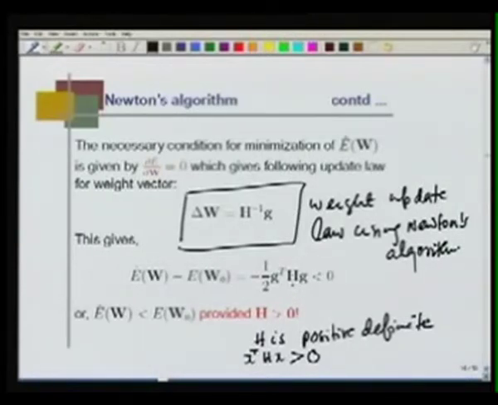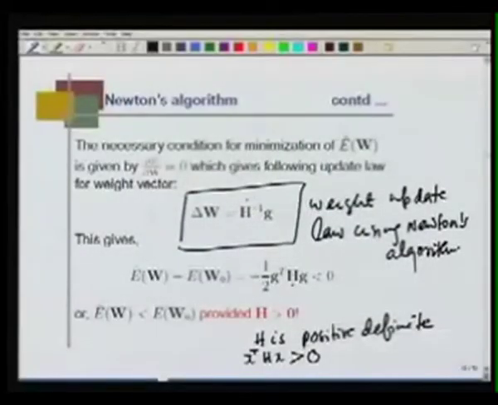So, from that sense, this algorithm is not a foolproof algorithm, because it does not even guarantee local stability unless H is positive definite. That is the biggest drawback of the Newton algorithm, but still researchers have used it because it is very fast. But you see that this weight update algorithm requires H inverse, the inverse of a Hessian matrix.